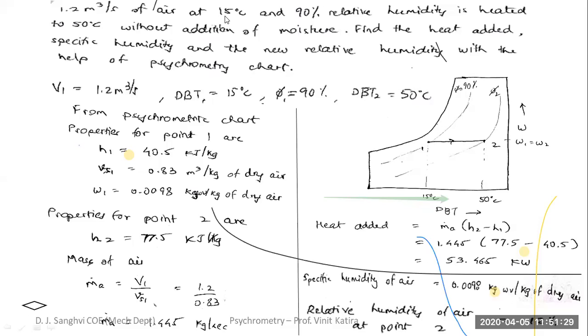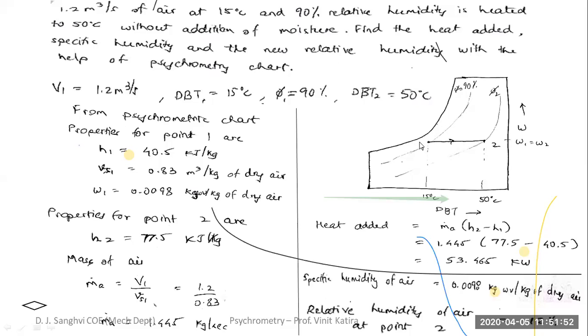The dry bulb temperature initially was 15 degrees Celsius at 90% relative humidity, which was sensibly heated to a dry bulb temperature of 50 degrees Celsius. So we had to find the heat added, specific humidity, and the new relative humidity with the help of the psychrometric chart.